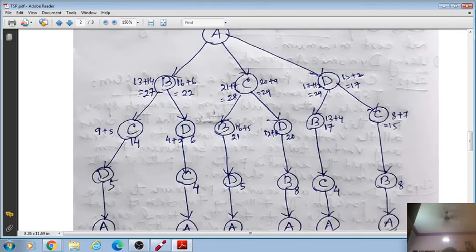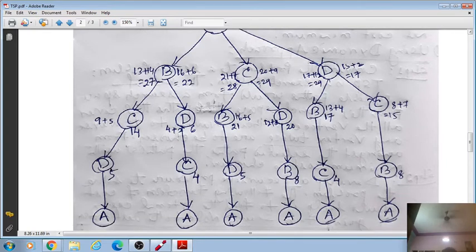Later I will show you what the values are exactly. Similarly, from A to B, when reaching B, he may go to D. Then the only remaining city is C. That's why A to B, B to D, then C, then return to hometown A.